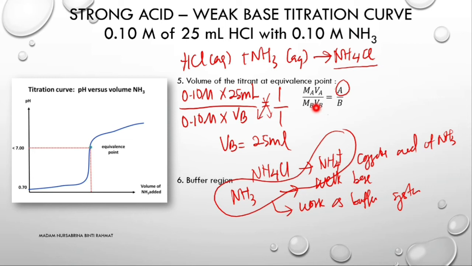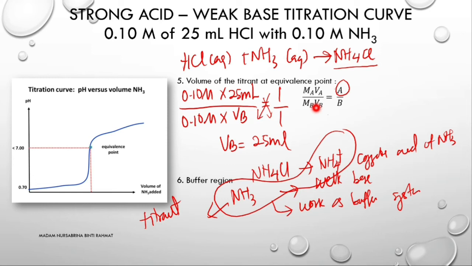Since our weak base is our titrant, initially we start with a strong acid, and then we slowly add our weak base until it reaches the equivalence point, where neutralization takes place between them, producing water as well as ammonium chloride, the salt that contains the conjugate acid of our ammonia.